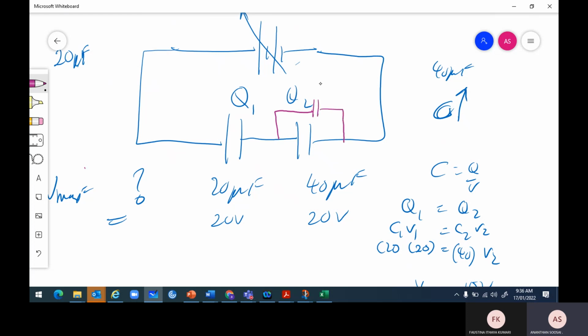It is also 40 microfarad with a safe working voltage of 20 volt. Find the new maximum voltage.